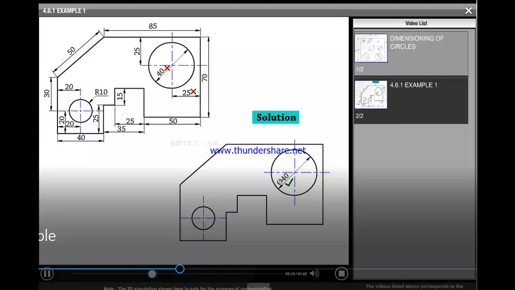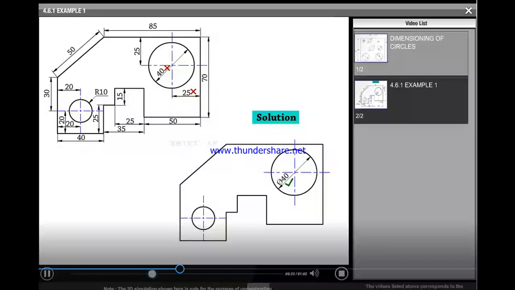Similarly, 25 is represented inside the view as shown in the question, but that is not the correct way. Whatever indications are available should be placed outside of the view.